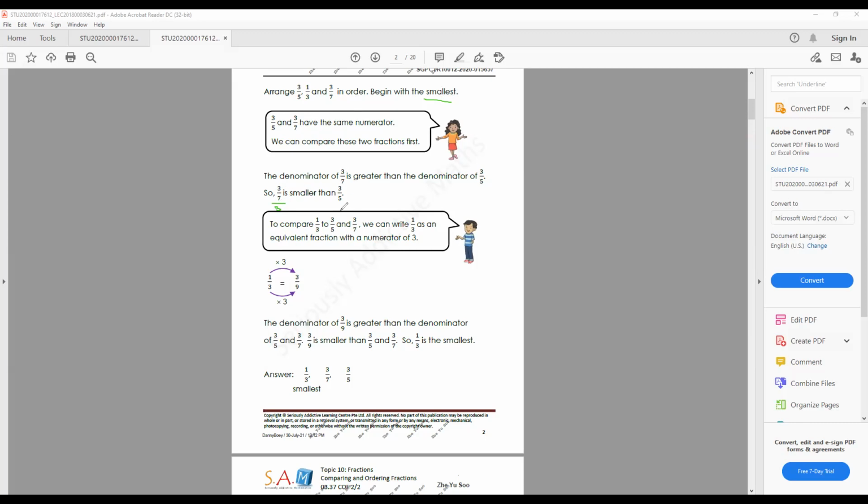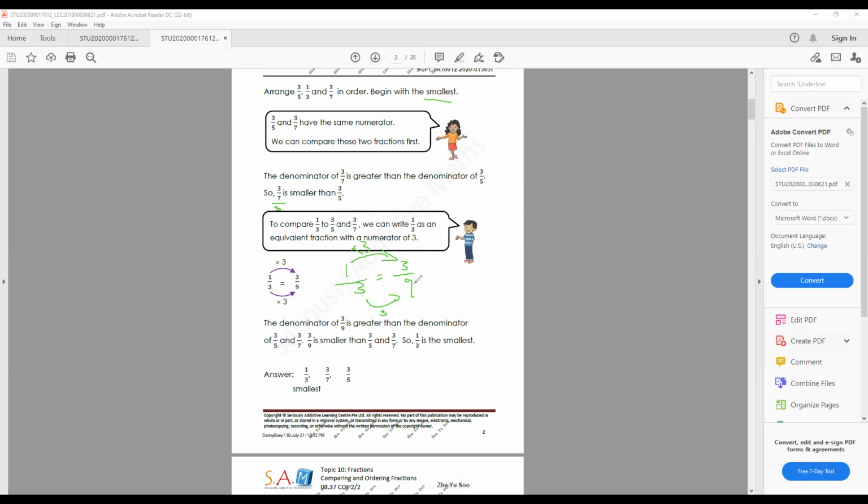Okay, next we compare 1/3 with 3/5 and 3/7. We can write 1/3 as an equivalent fraction with a numerator of 3 as well. So 1/3, convert into a numerator of 3. How do we get it? Remember, 1 times 3 equals 3. 3 times 3 equals 9.